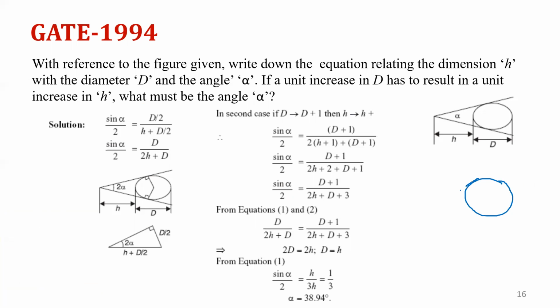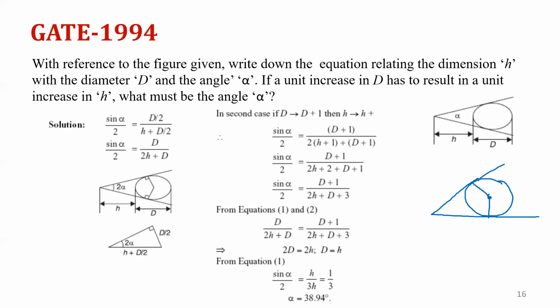So this is the V, and this is the center of the roller. From this, you calculate what is the angle. This angle is 2 alpha, if you draw perpendiculars here and here.